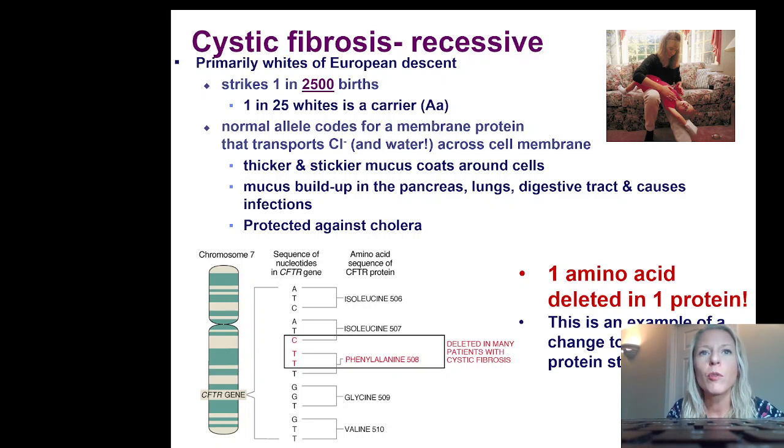This is where a normal allele codes for a membrane protein that transports chloride and water across the cell membrane. There's one amino acid deleted in this protein, and it leads to thicker and stickier mucus coats around cells and mucus buildup in the pancreas, lungs, and digestive tract, and this causes disease, though carriers are protected against cholera.